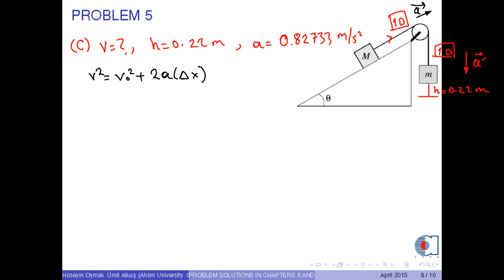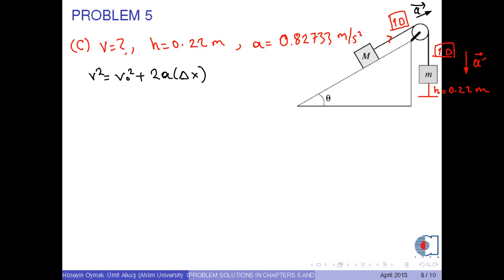Notice that each block moves in one dimension. We are asked to find the speed of block small m when it falls h equals 22 centimeters, which has to be converted into meters as 0.22 meters.